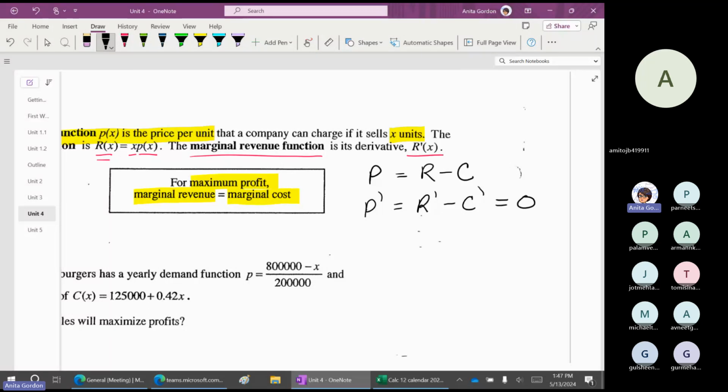Where the profit has a critical point, meaning where its derivative is 0, that means that the revenue derivative must equal the cost derivative. Okay, so profit is your income minus your cost. Where the derivative of the profit is 0 represents the peaks and valleys of this function. Where it's 0 is where the revenue and the cost have a matching derivative.